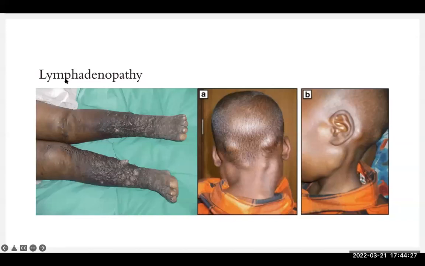How do we grade lymphedema? Okay, I think that's something you can go check up on in your free time.